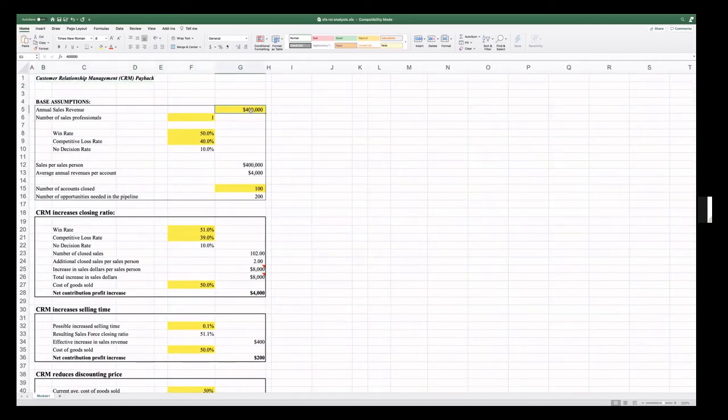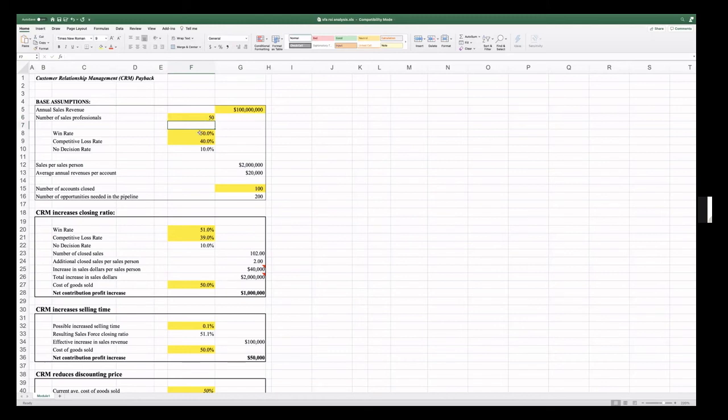But let's put some big numbers in here. Let's say your annual company sales is 100 million, and you're doing that with 50 salespeople.